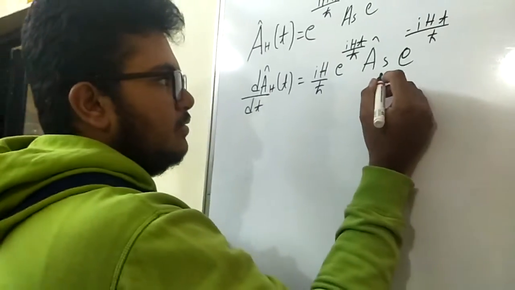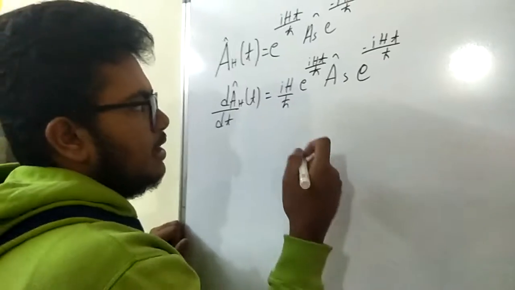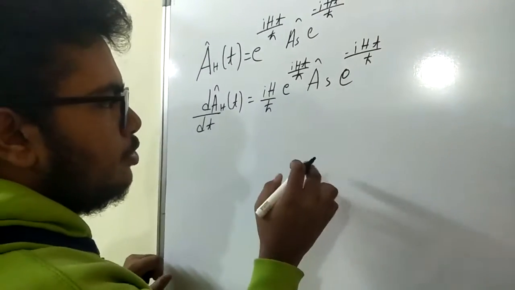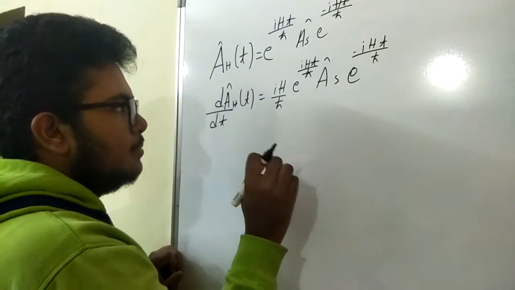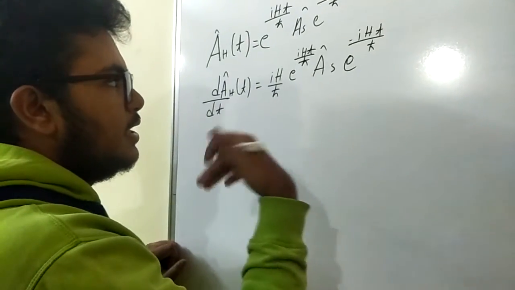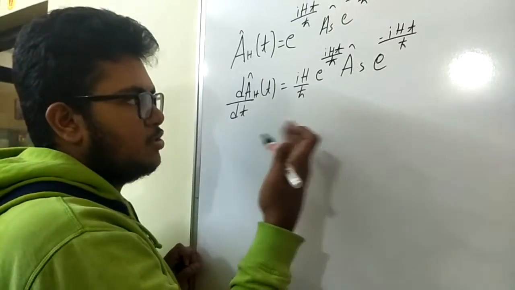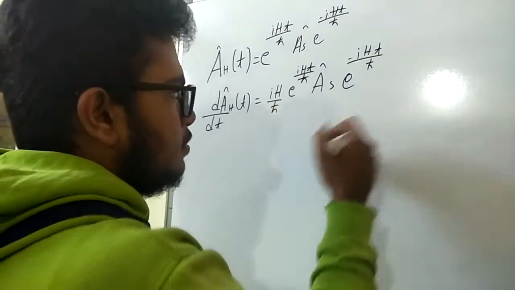Now we partially differentiate this with respect to time because this could also depend upon other things. As we know, there is nothing to actually take into account the time evolution of the Schrodinger representation's operator, but still we would do it just for the sake of completeness.